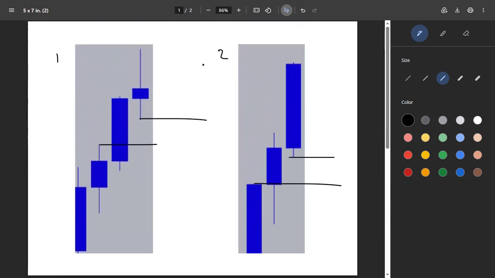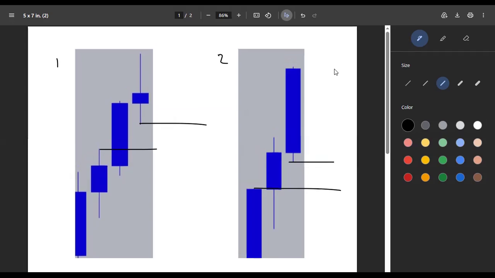But if you want to understand this more, go and watch the video concerning candlestick and atom, and then go and watch the video concerning market structure, that series on market structure. Go and watch them, because it's going to add some sauce to it.